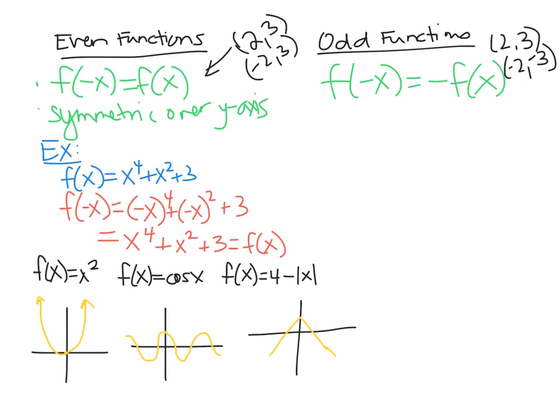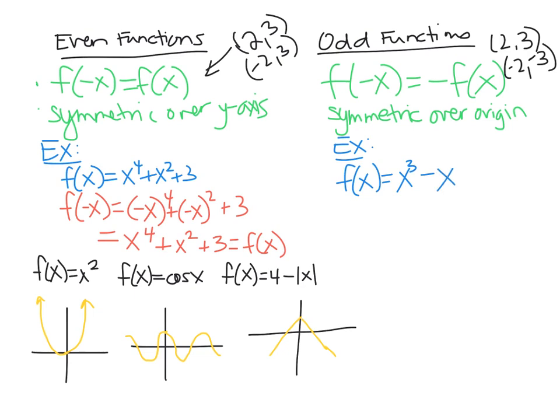So an odd function is going to be symmetric over the origin. And based on what you had with even functions, you might be able to guess that if you have a function that has all odd exponents, it will be an odd function. Actually, if you have a constant in here, it's not going to work.